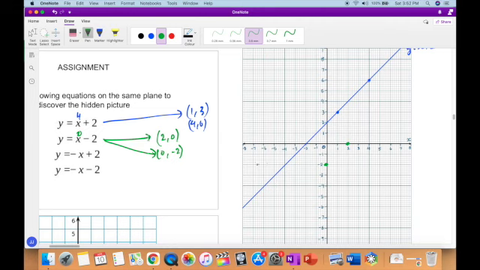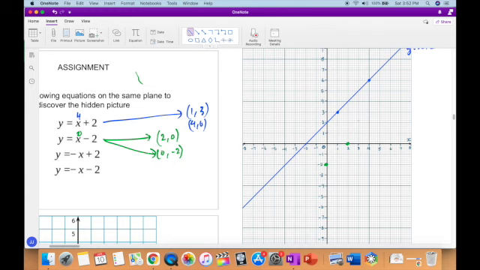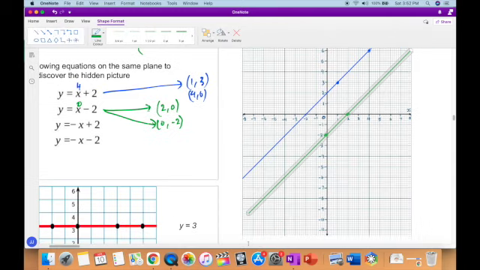So now I have this line here, and let me just insert a line like this.